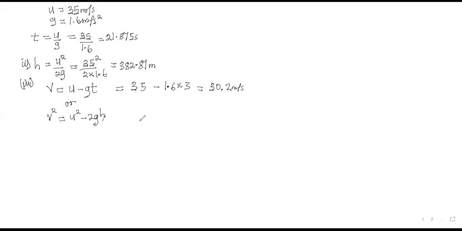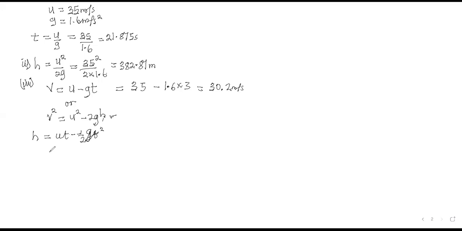Or if we want to use this, then we must find h. If we want to find h, use equation 2. h would be ut minus half gt squared.